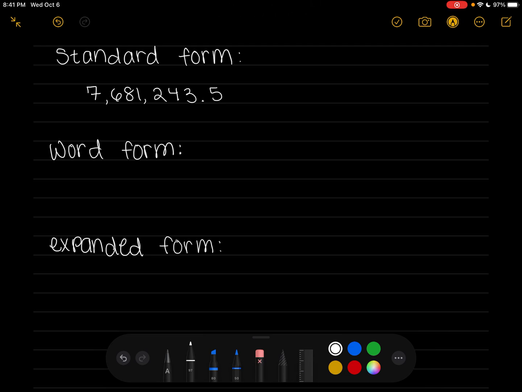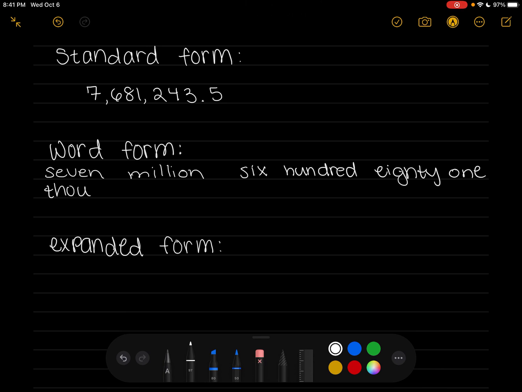Now to write this number in word form, I would spell it out. So I start with my largest place value, which in this case is 7 million, and I would write 7 million. Then I move on to my next number, which is 681 thousand. So I'm going to write 681 thousand.